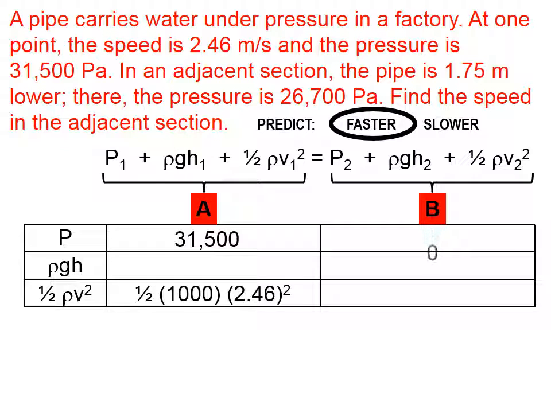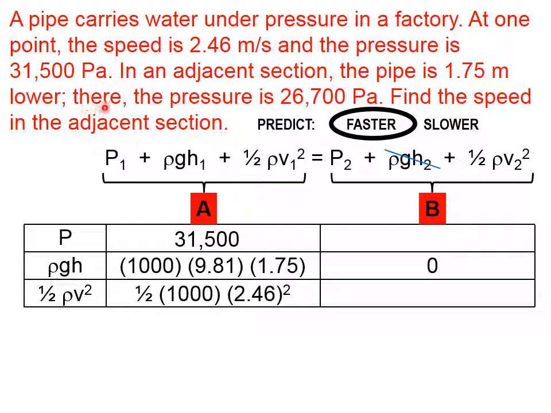So I'm going to call the elevation for pipe B to be h equal to 0, which means the rho g h term for section B of the pipe is 0, which means that the h for section A of the pipe is 1.75 meters, because section A is 1.75 meters higher than section B, which means that rho times g times h for section A is that product.